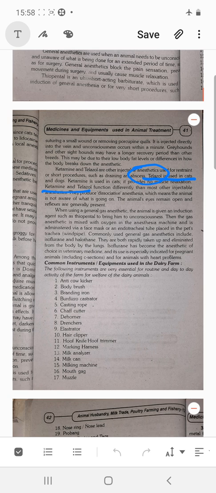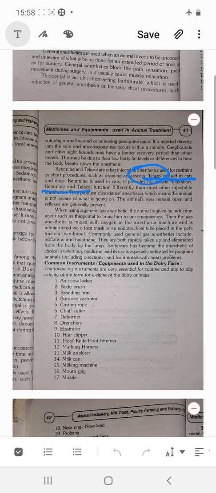The animal's eyes remain open and reflexes are generally present. So here is also a question: which anesthesia is used in animals in which the eyes remain open?